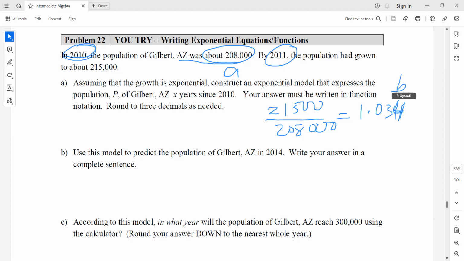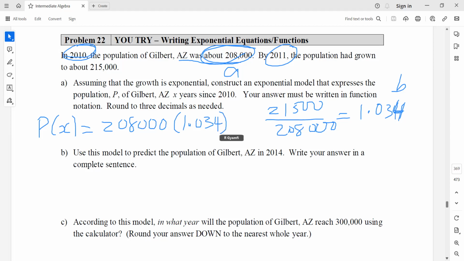So P of x, because we are using P, that's what the question says, our initial value is 208,000 times 1.034 to the power x. Or you could use T, I'm using x for that. And that's all you do.